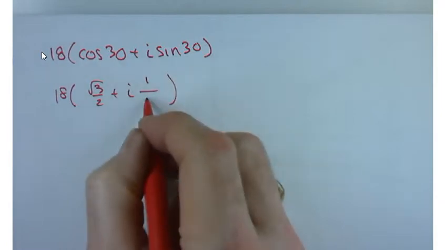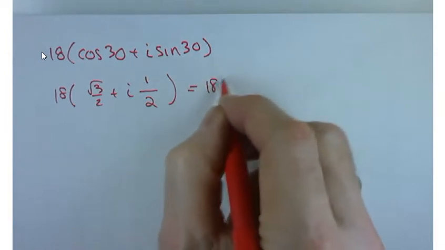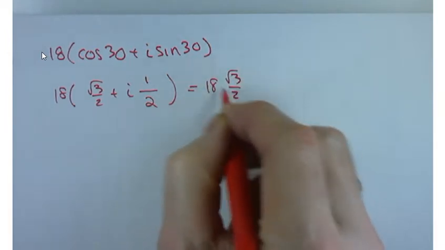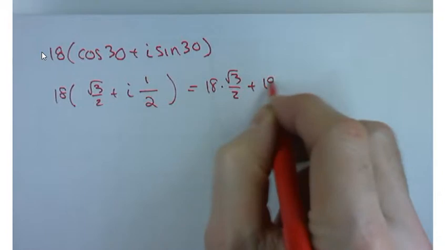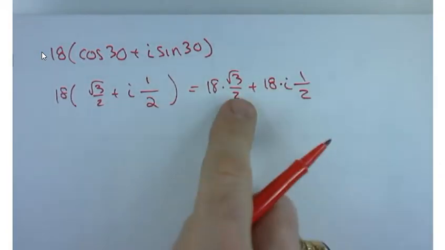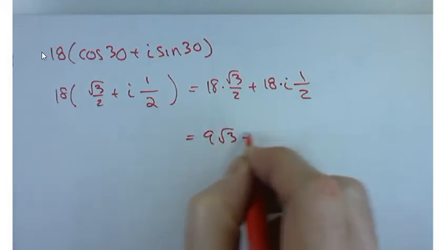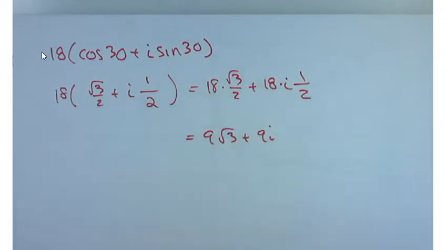All right, so 1/2. Cool. And last but not least, it's distribute. It's going to be 18 times the square root of 3 over 2 plus 18 times i times 1/2. But the 2's are going to cancel, right? 9 square roots of 3 plus 9i. And we're back to where we started from.